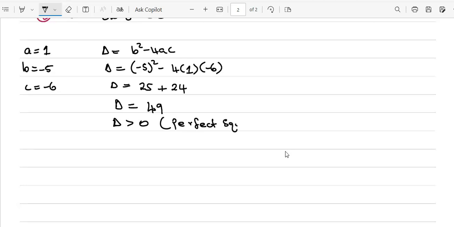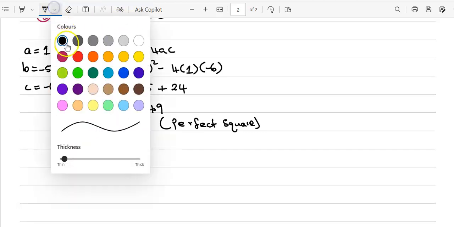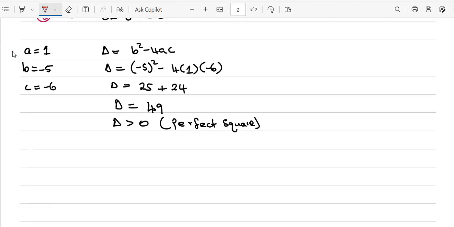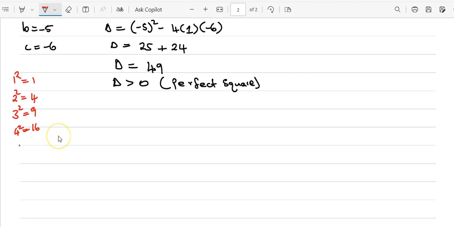Let me give you the list of perfect squares. 1 squared is 1, it's a perfect square. 2 squared is 4, 3 squared is 9, 4 squared is 16, 5 squared is 25, 6 squared is 36, 7 squared is 49, and so on.